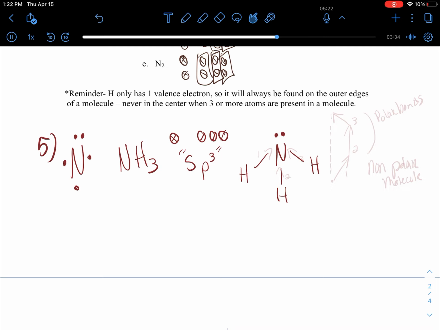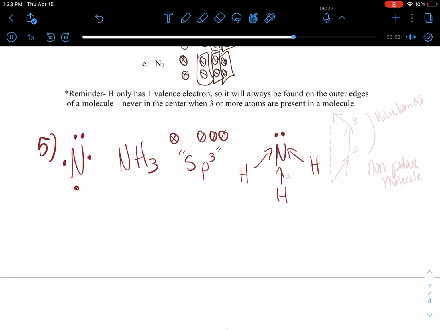If it's higher, you draw the arrow towards it. So because N is higher than H, I'm going to draw my arrows towards it. This is your finished shape diagram.